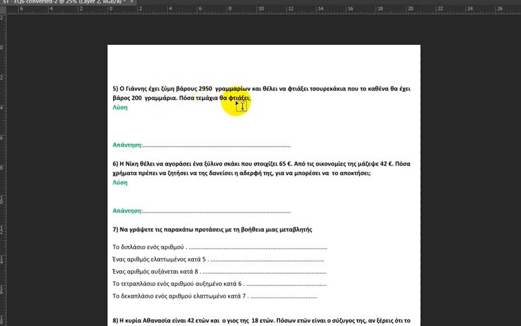It's called dough, what we make bread with. And he wants to make, let's just call this bread, and each one is going to weigh 200 grams. So how many can he make? Well, he can't make exactly, because 2,950 is not perfectly divisible by 200.